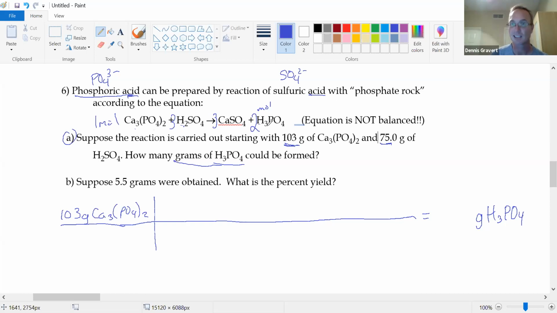So that's how you convert between the molecules, but first you have to get the units of moles. So we need to cancel out this gram and change it to moles. We need the molar mass of this molecule. Grams per mole is molar mass. So go add up the weight of 3 calciums, 2 phosphoruses, and 8 oxygen atoms, right?